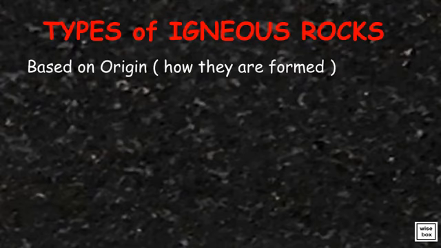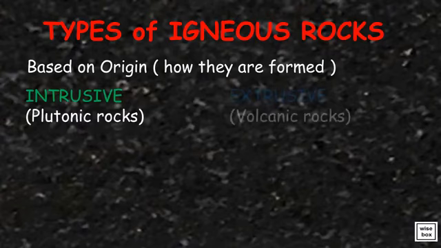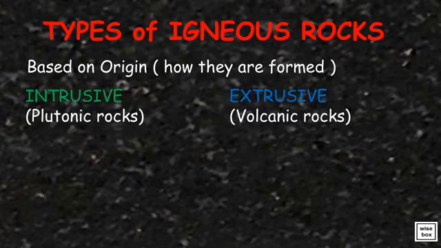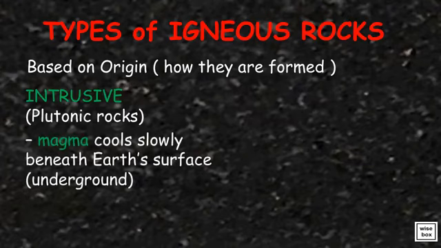Here are the types of igneous rocks based on their origins, or on how they are formed. The intrusive, or plutonic rocks, and the extrusive, or volcanic rocks. Intrusive rocks come from molten material beneath the Earth's crust called magma.